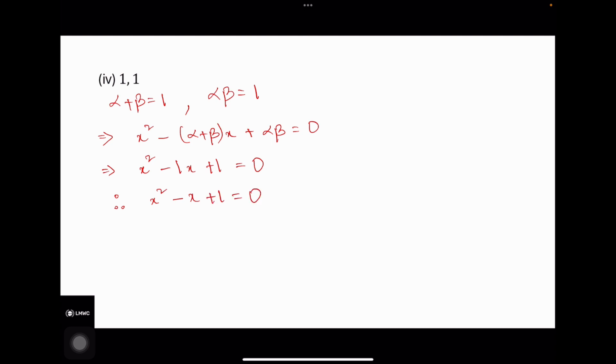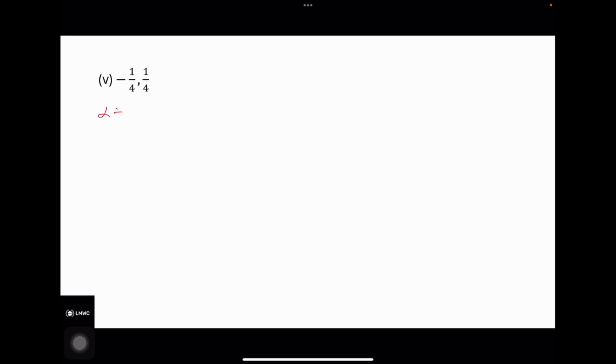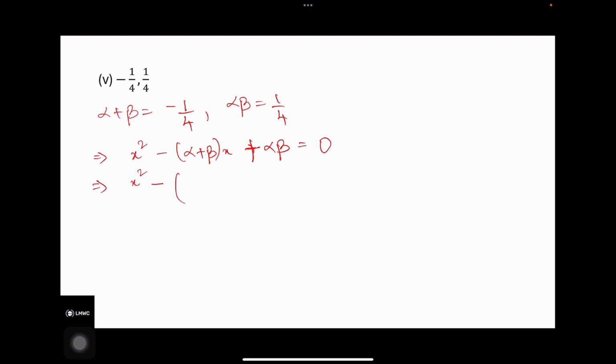Next question, alpha plus beta is minus 1 upon 4, alpha into beta is 1 upon 4. Replacing in the formula, x squared minus (alpha plus beta) x plus alpha beta equals 0, we get x squared minus, so alpha plus beta is minus 1 by 4, I'll put it in the bracket, plus alpha into beta is 1 by 4.